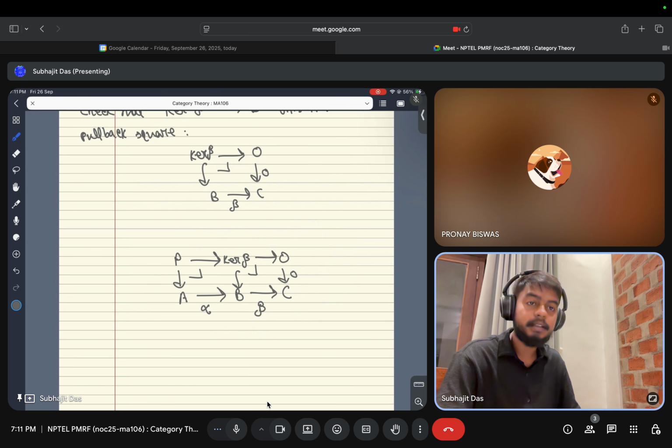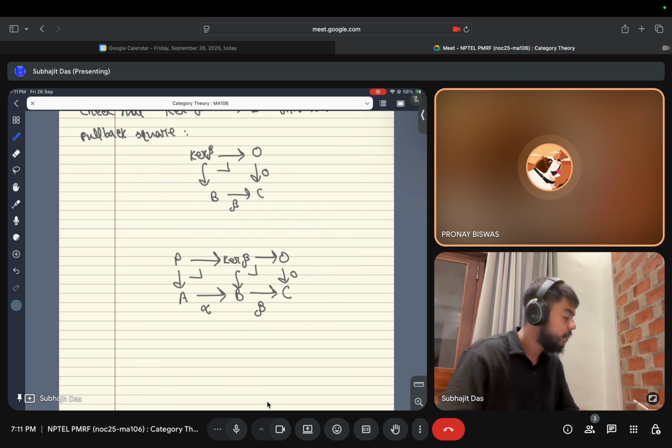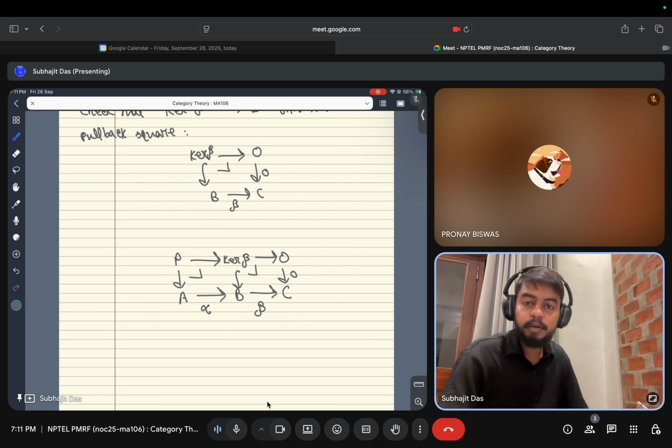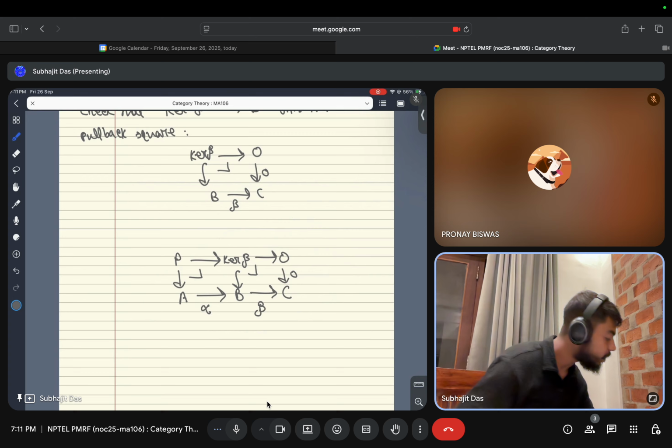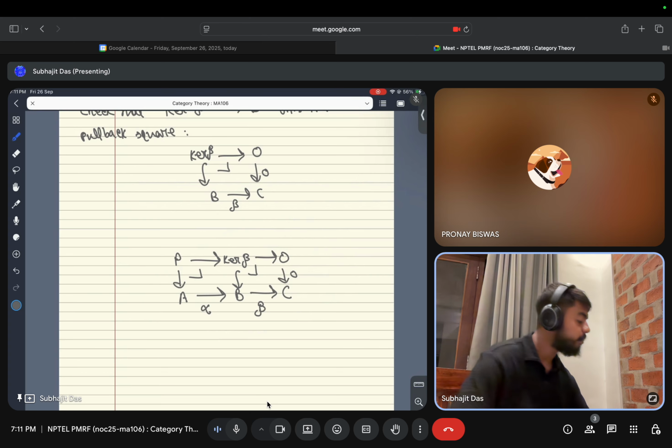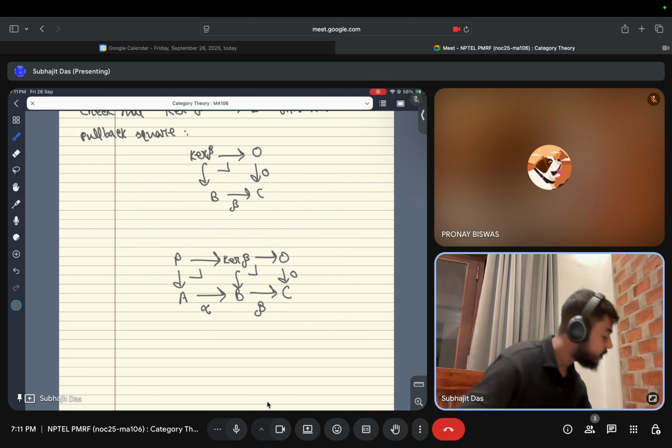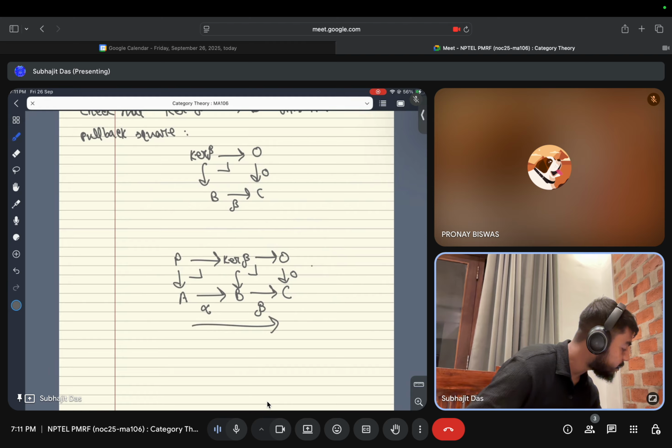And you mean pullbacks, right? Not just commuting. If two boxes are pullbacks, then the circumference box, the outer rectangle, will be a pullback. So that means P will actually be the pullback of this map and the 0 map.